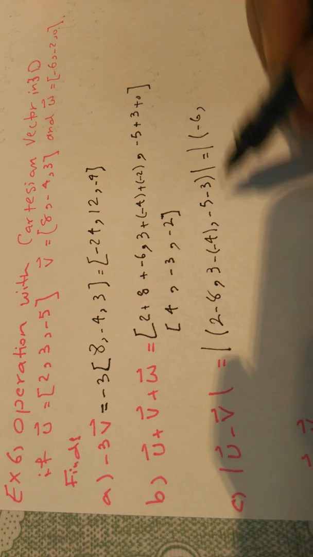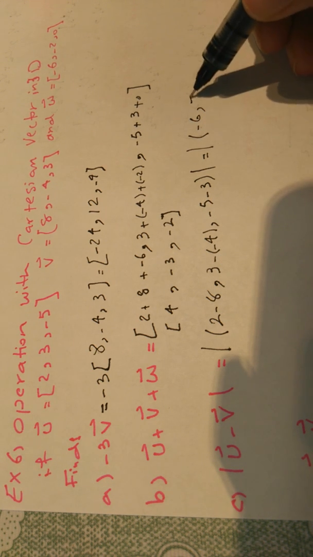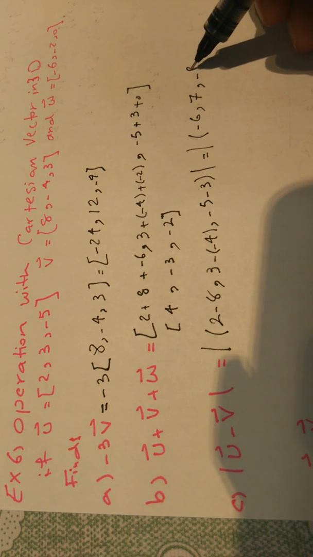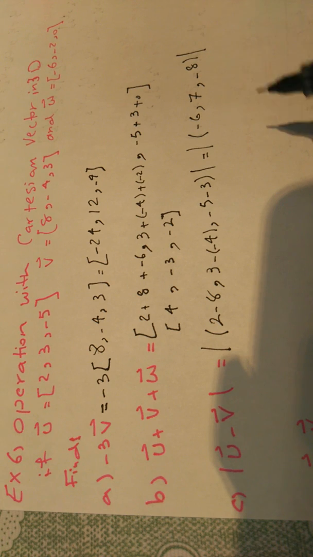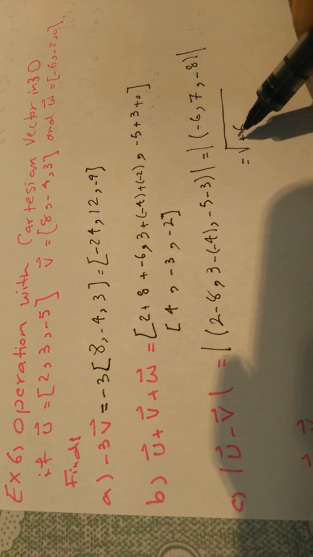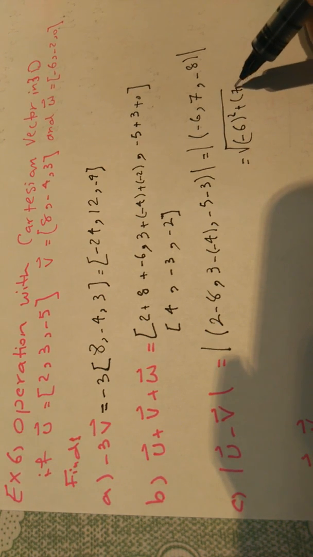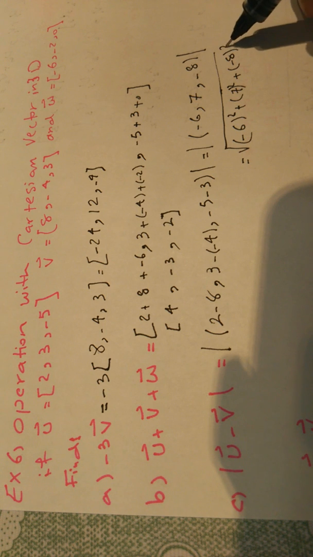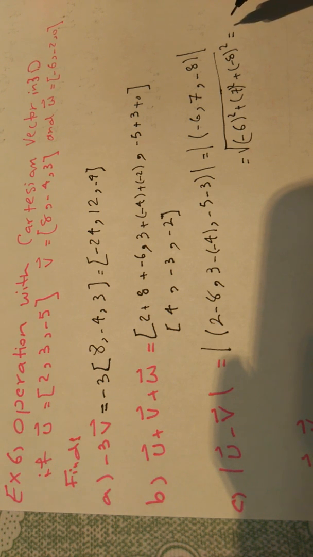It's negative 6, it's positive 7, it's negative 8. Now I want to find the magnitude of this. Everyone know that the magnitude is going to be square root of negative 6 power 2 plus 7 power 2 plus negative 8 power 2, right? So if we do the magnitude, it's gonna be square root of 149. That's it.